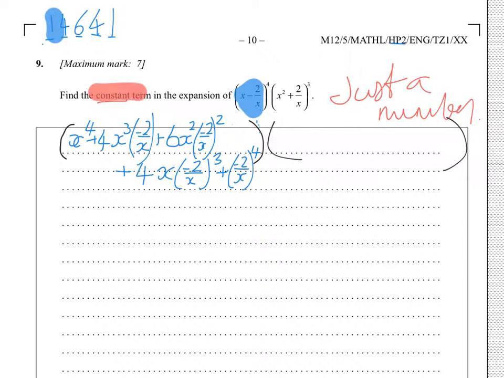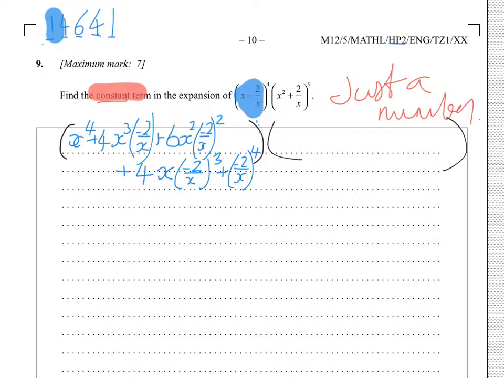Now, before I do the other bracket, which is done in exactly the same way, I just want to point out how you can be a little bit more efficient if you think about what's going to happen before you get started.